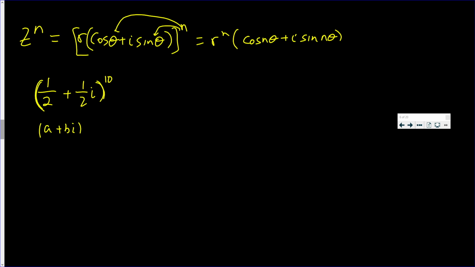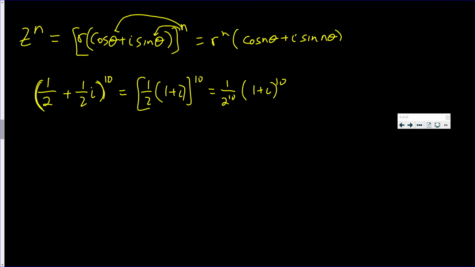But to be honest, I would factor out the half. So you have a half times 1 plus I, the whole thing to the 10th power. So you have 1 over 2 to the 10th times 1 plus I to the 10th.